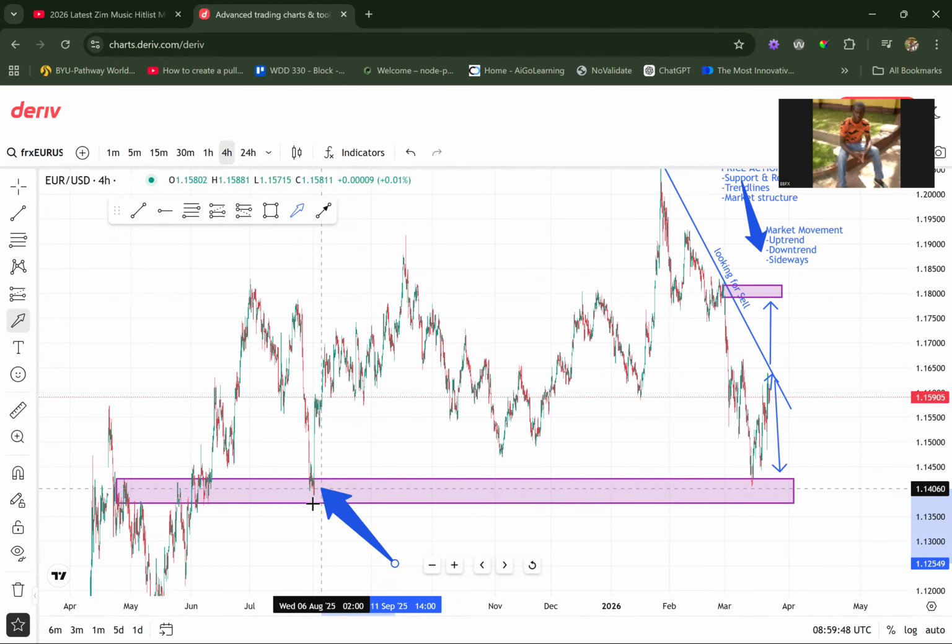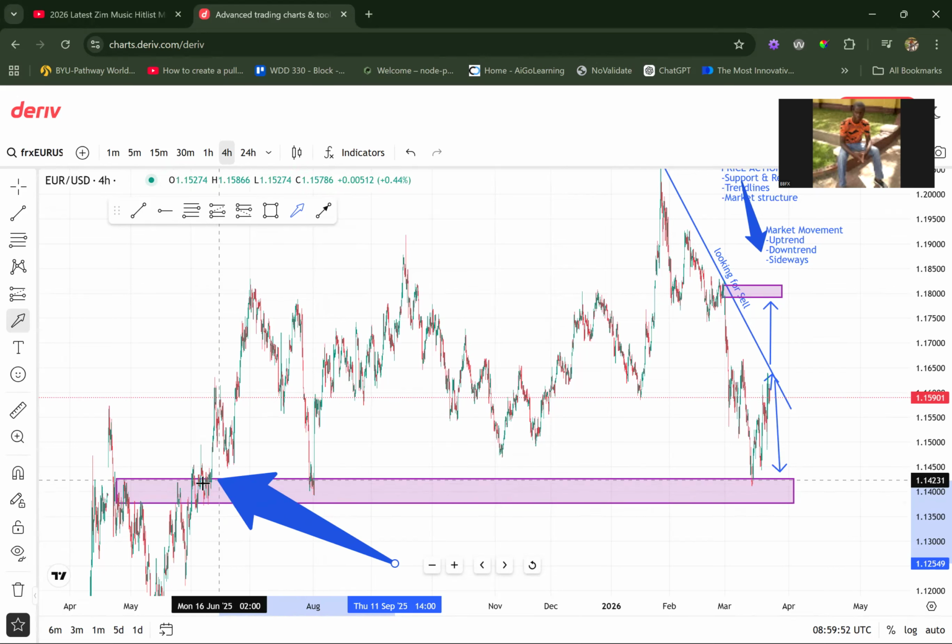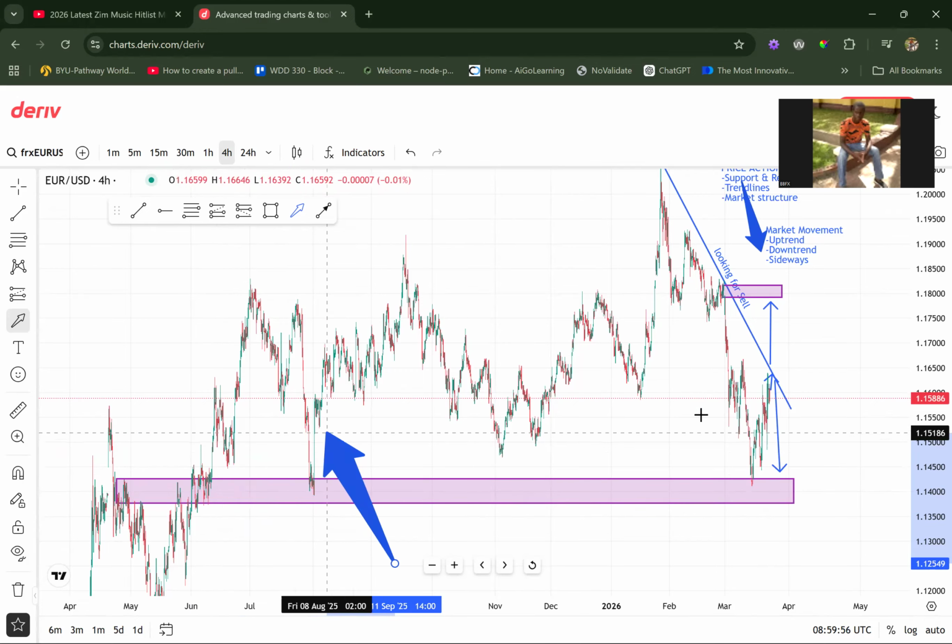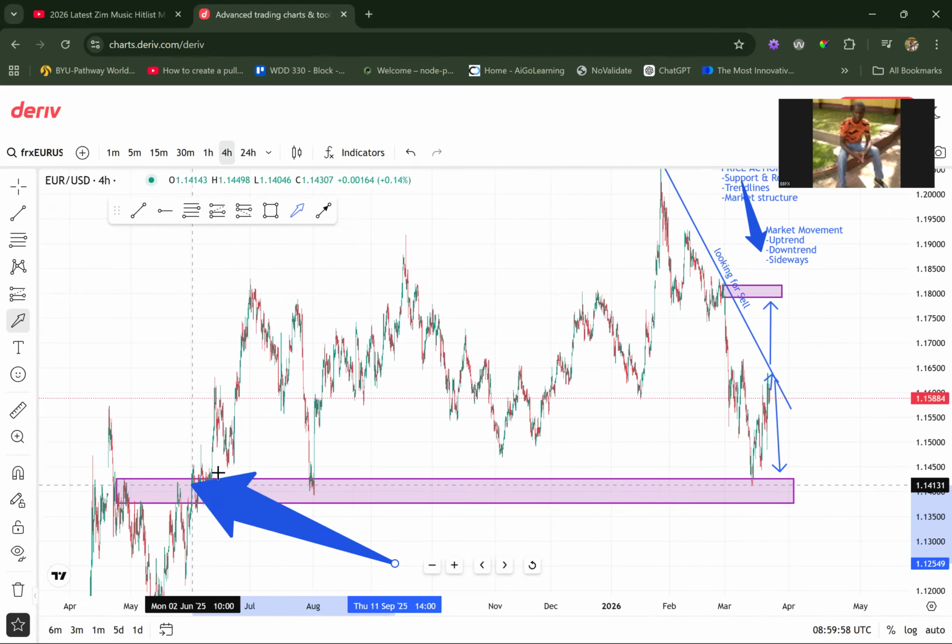You see here, that was our support. Because of this, we look to the left. We are here, but we look here to the left. So for us to be able to trade, we need to look to the left, right? Always look to the left.